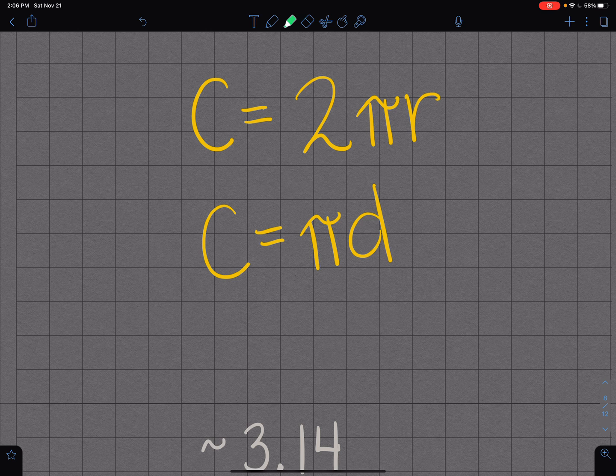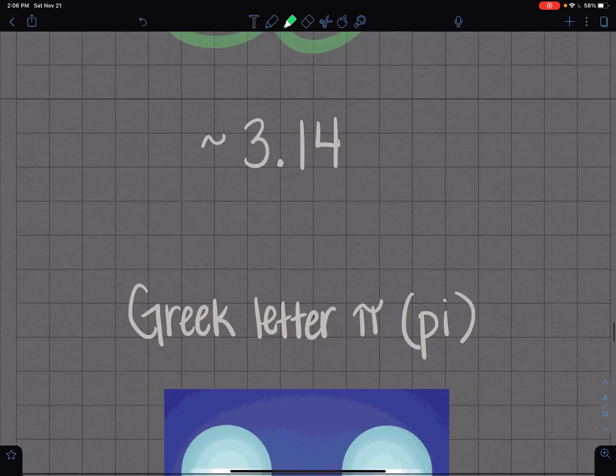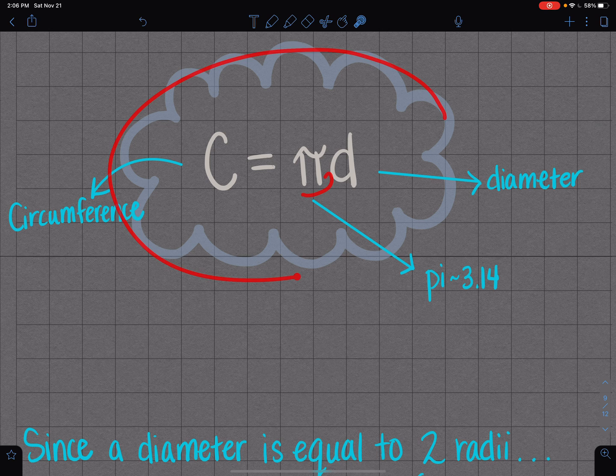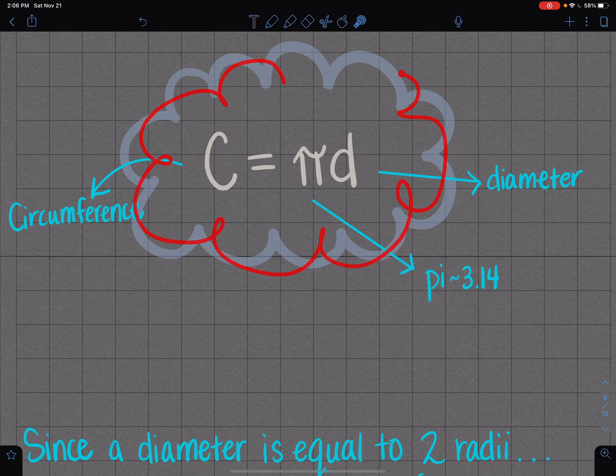This is an equation that you definitely have to know. I must have written it down here. Oh, yeah, here it goes. So circumference is equal to pi times d. Notice that it's in a thought cloud, and because it's in a thought cloud, this means you have to memorize this equation.